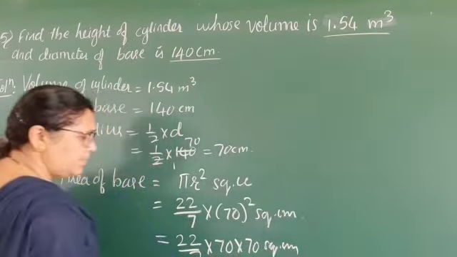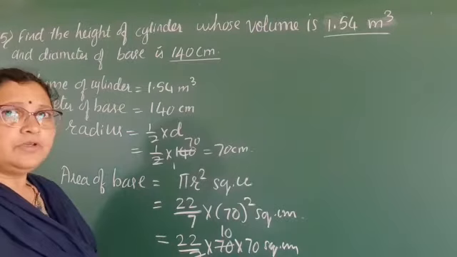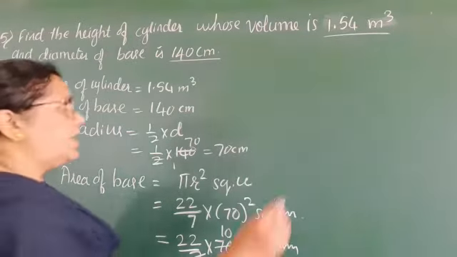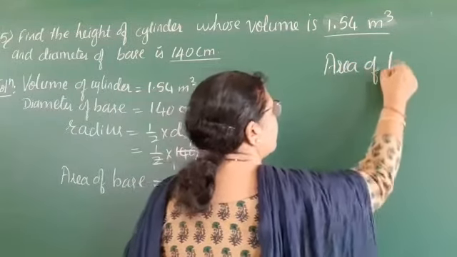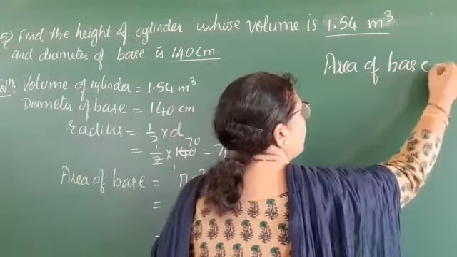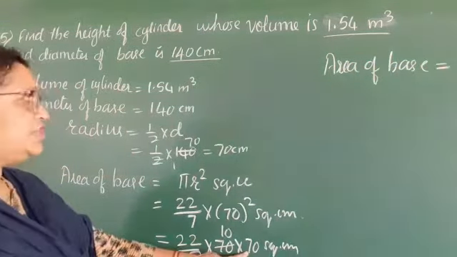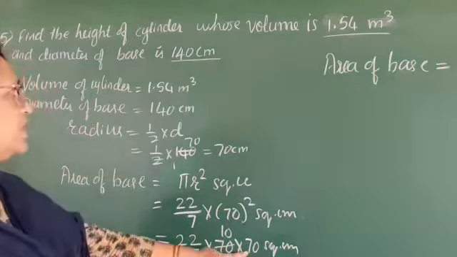So we'll do the cancellation. 7 ones are 7, 7 tens are 70. So here we get area of base is equal to this multiplication, which gives us 15,400 square centimeters.